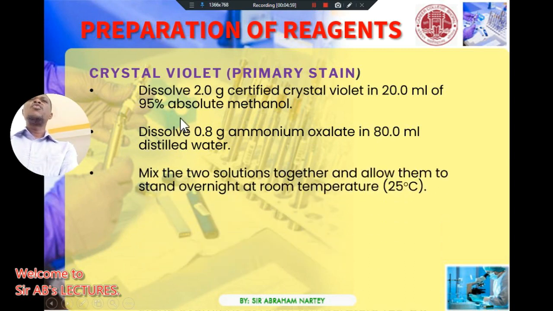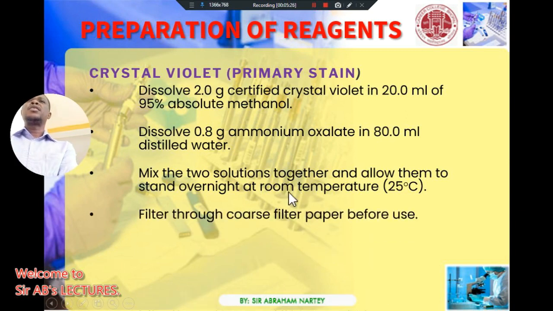Next, you mix the two solutions together: the 2 grams of crystal violet in 20 ml of methanol and the ammonium oxalate in 80 ml of water. So when you add them together, it is going to be 100 ml. You mix this in a beaker and allow it to stay at 25 degrees.